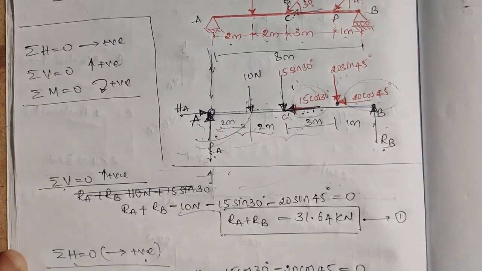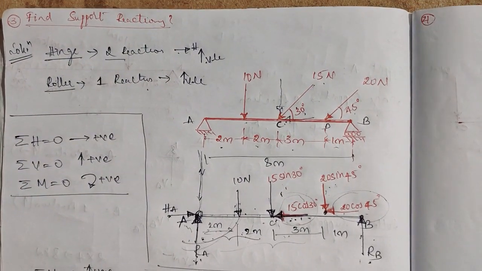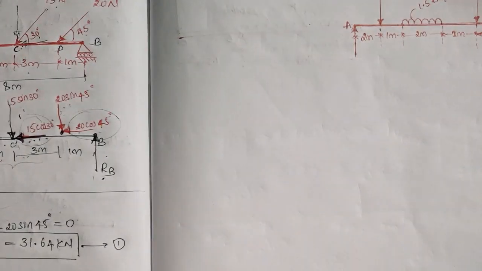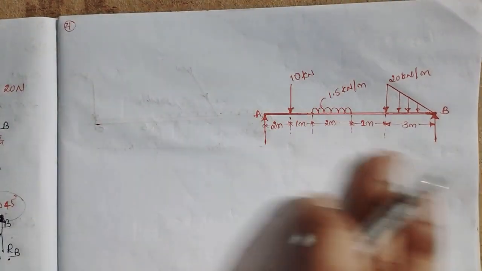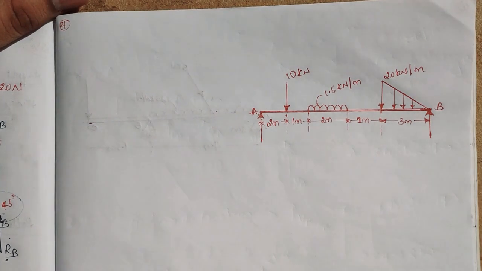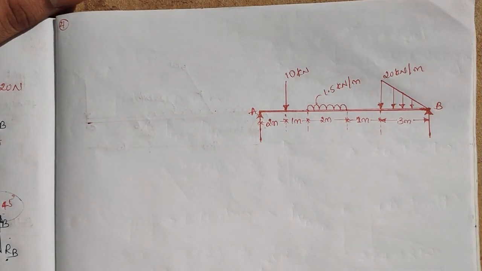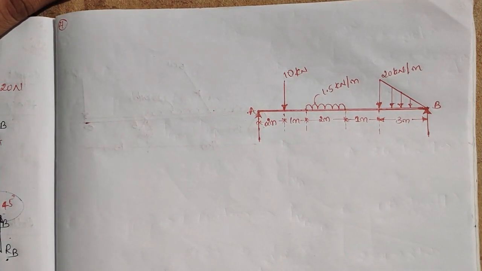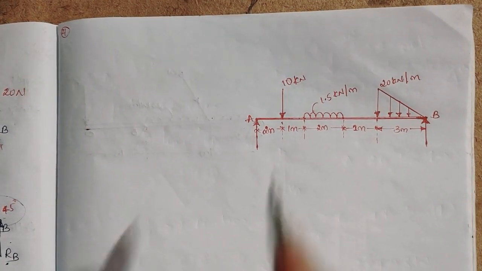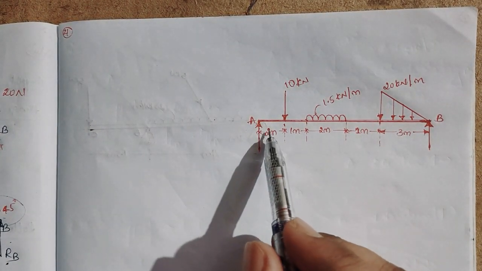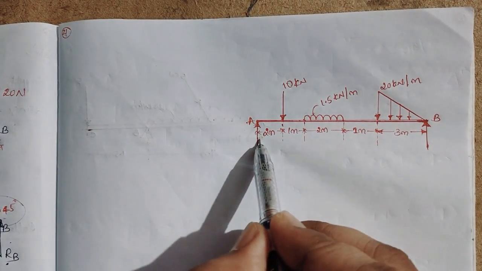Okay, understood? Fine. Now I'll go to the next problem, this one. Here also we have to find the support reactions. When we see this problem, there is no hinge support. These are simply supported.